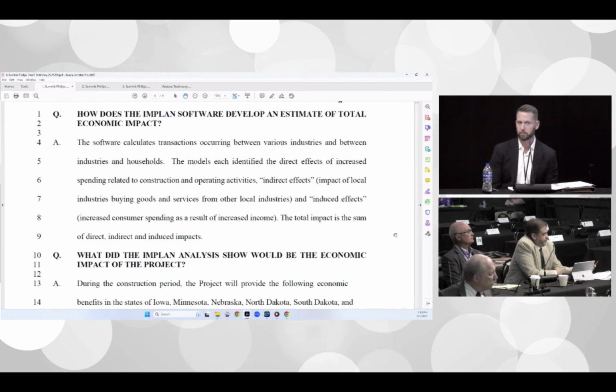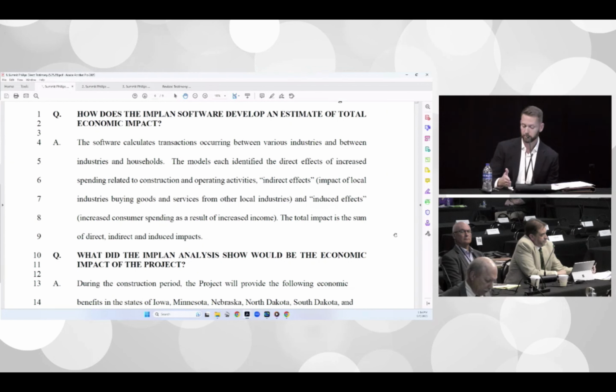IMPLAN is a more transparent model that allows greater customization, right? There's no industry in REMI or some other off-the-shelf CGE model for a carbon pipeline. Within IMPLAN, we have the granularity of inputs to actually model purchases of steel and timber mats and drain tiles and all of these things that together comprise the package of inputs that is what we're modeling, right?